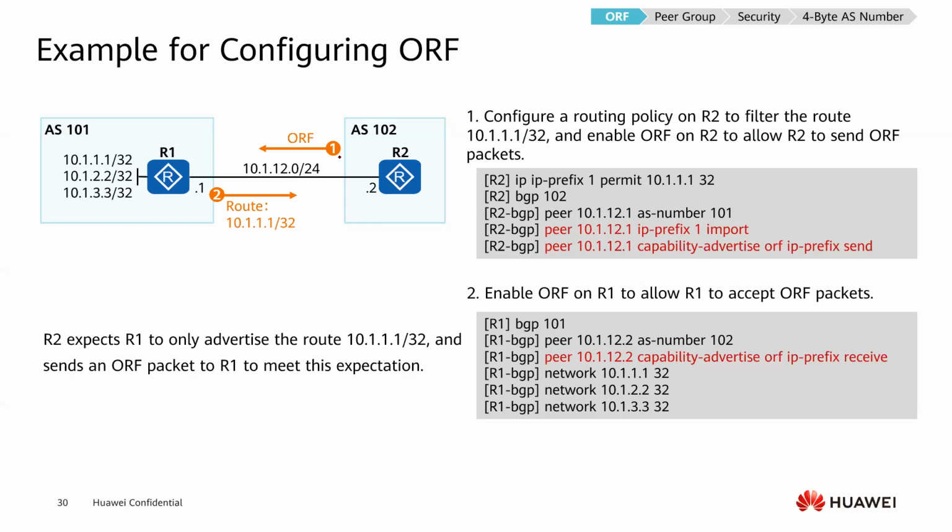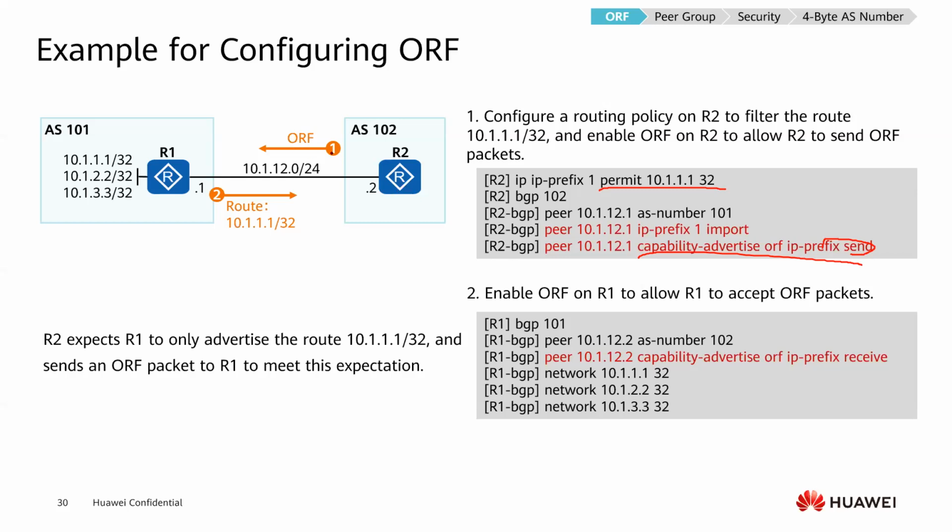Okay. So this is the example of the ORF. Just like I mentioned, R2 first needs to configure the specific routes, and then it needs to enable the function. Oh, I just made a mistake. It will send means it needs to send the ORF packet, not the route.